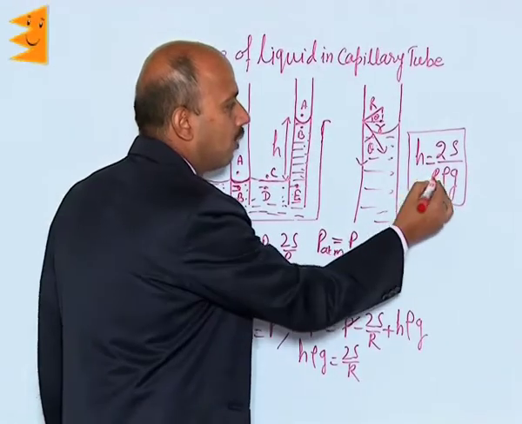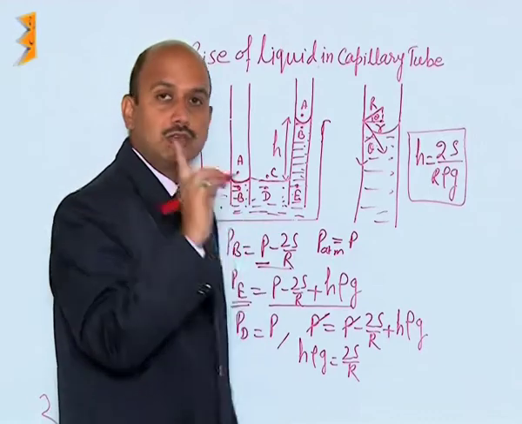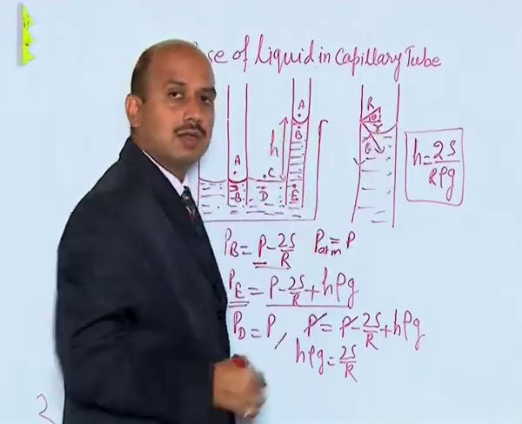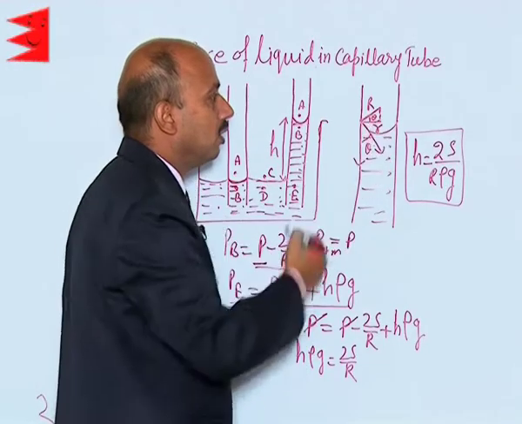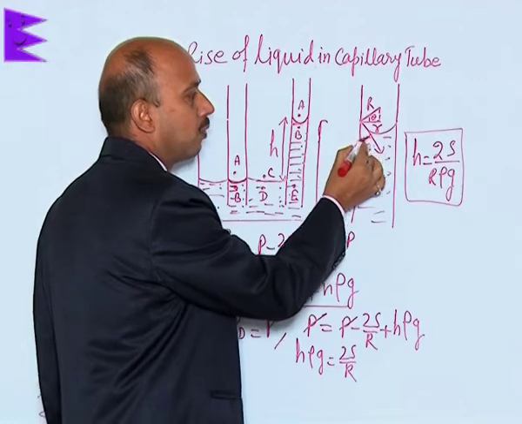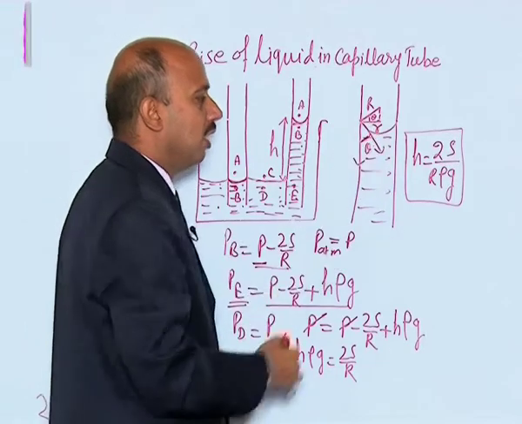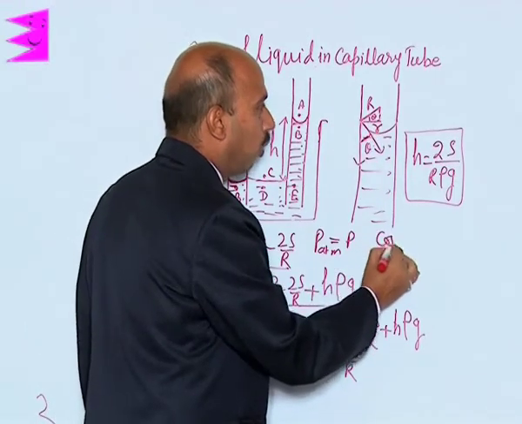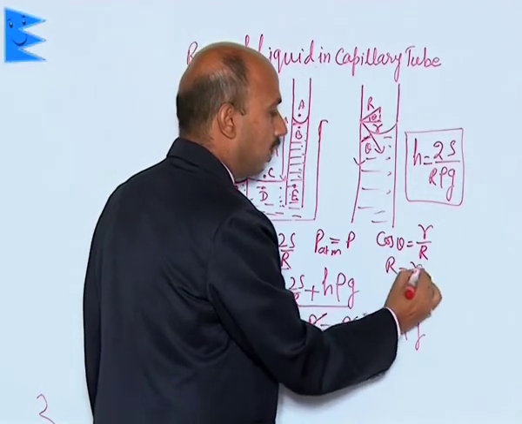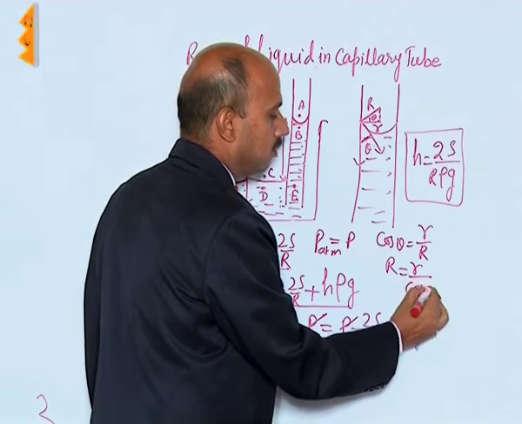Now we can also convert this capital R into the radius of the tube. Suppose the radius of the tube is small r, and capital R is the radius of the liquid meniscus. Theta is the angle of contact, so this theta and this theta. So we can write cos theta is equal to r by R. So R is equal to r upon cos theta.